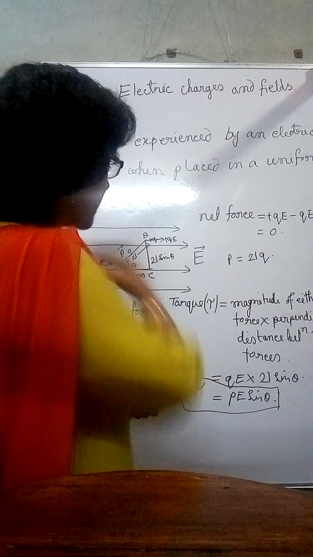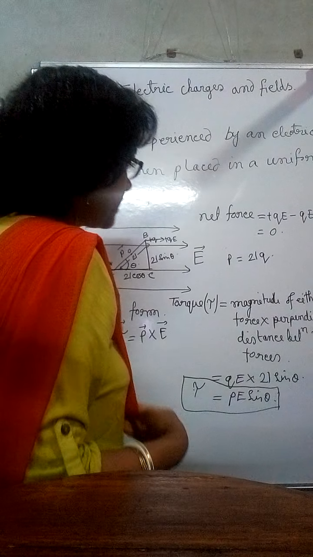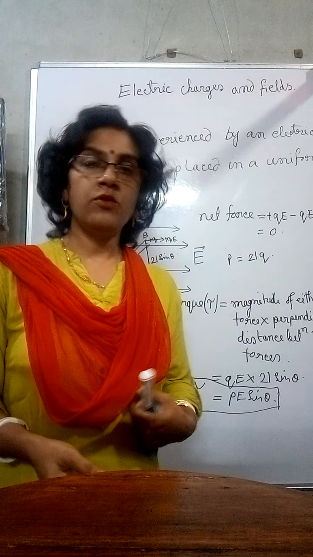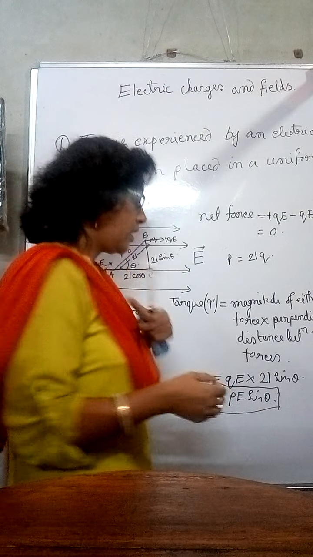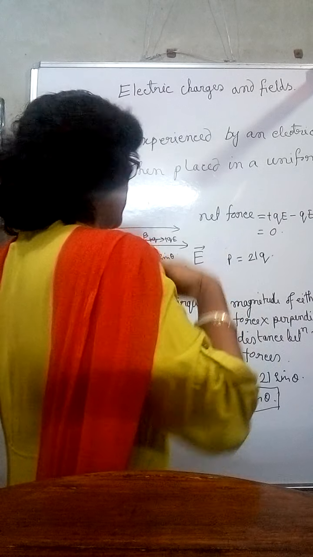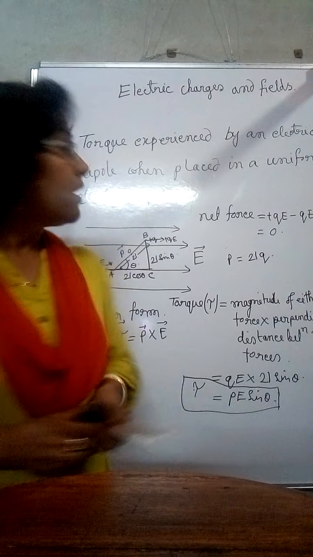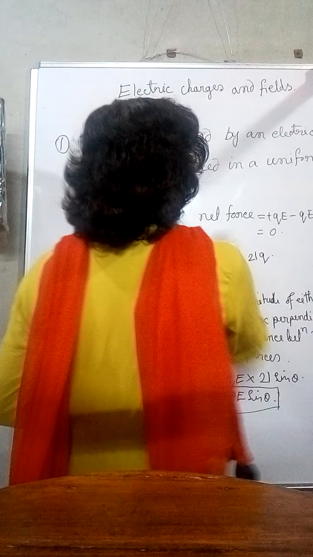Now the question is, when will the torque be maximum and when will it be minimum? Actually it depends on the angle theta. So let's see when it will be maximum and when it will be minimum.